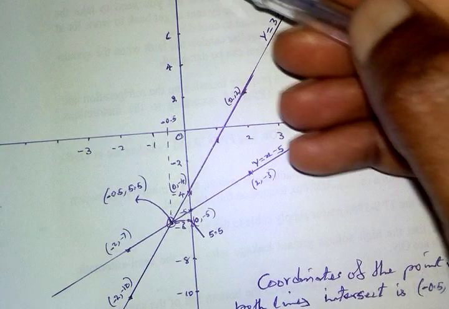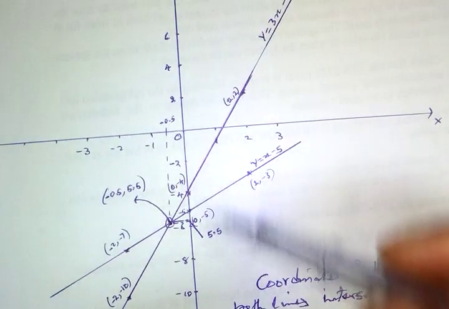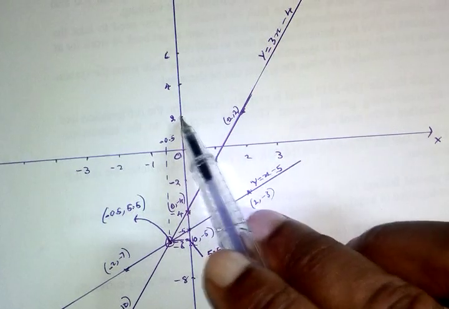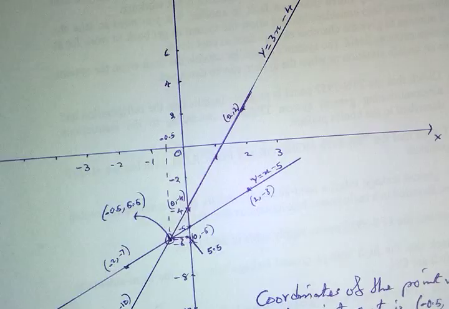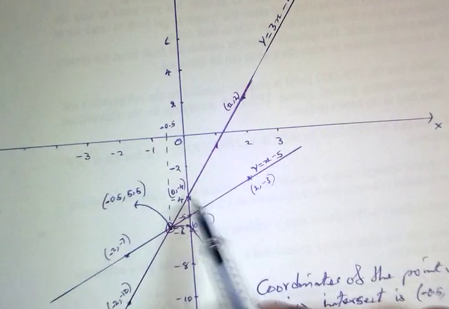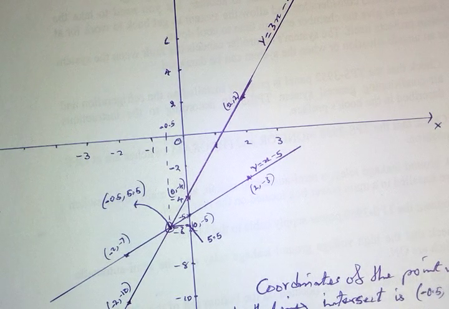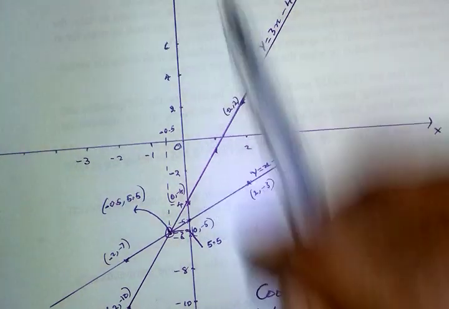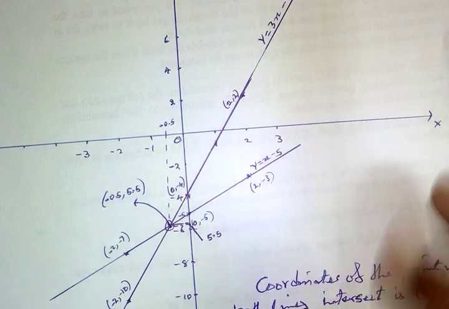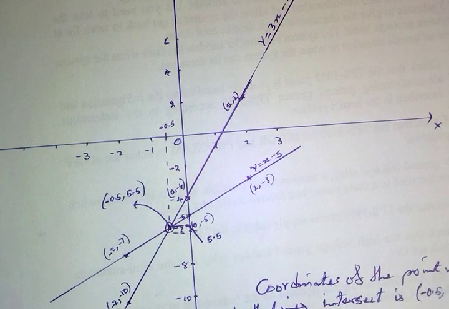So this is how the graph looks. You can see on the y-axis my scale is 2, 4, 6, minus 2, minus 4, minus 6, minus 8, and minus 10. So I plot the points. First, the line y equal to 3x minus 4.